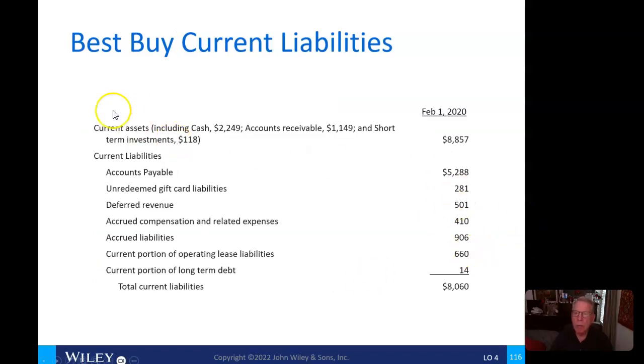All right, here's Best Buy current liabilities as of February 1, 2020.